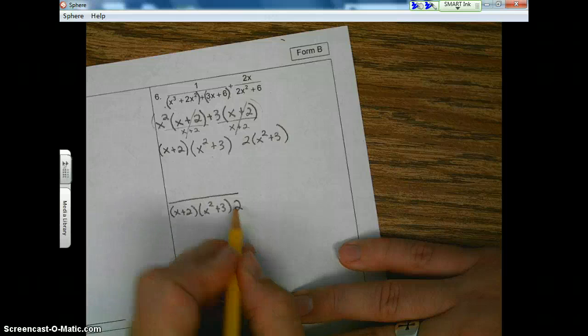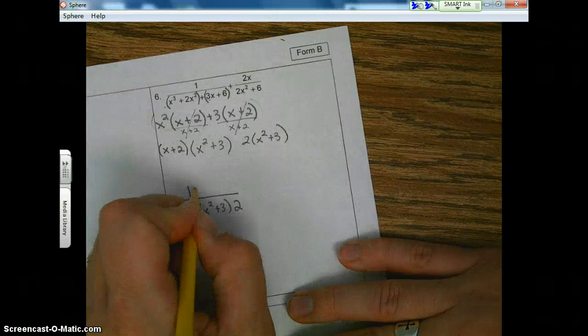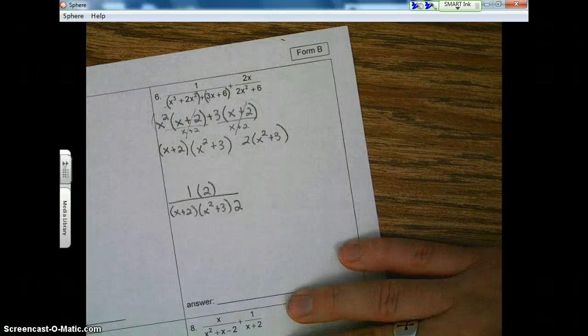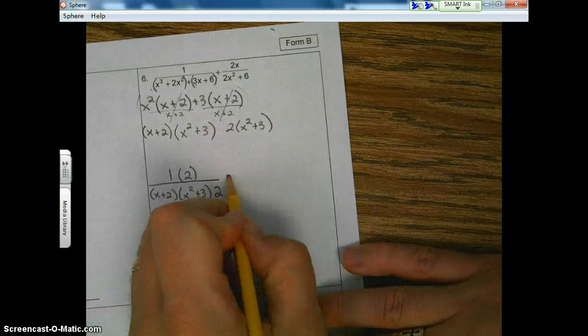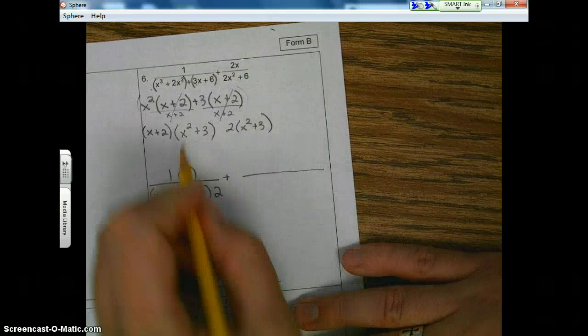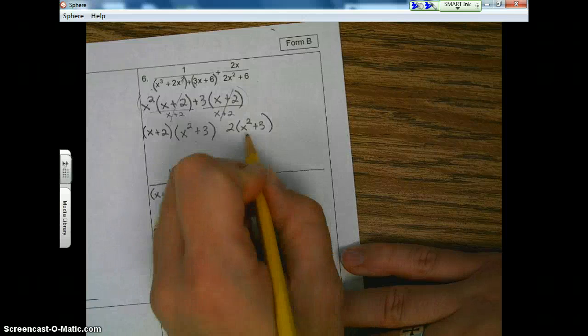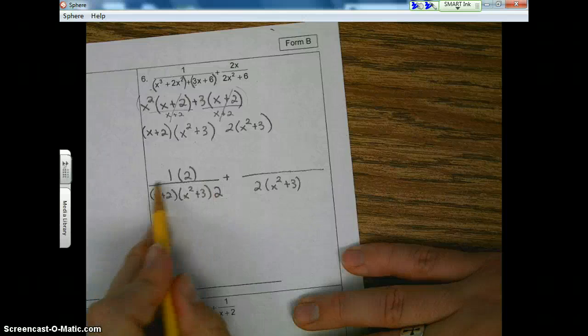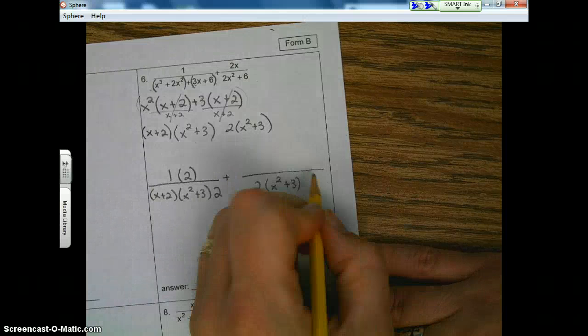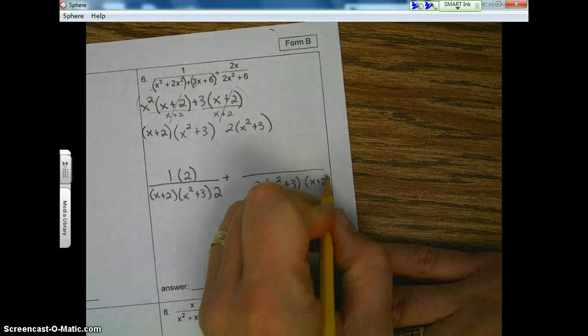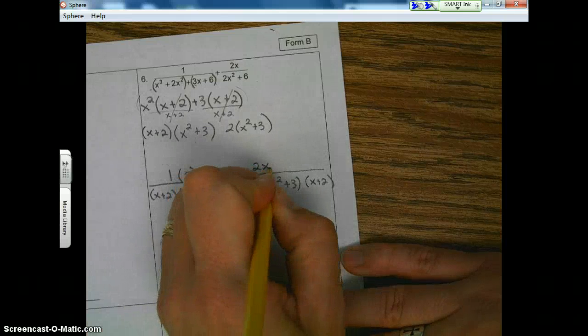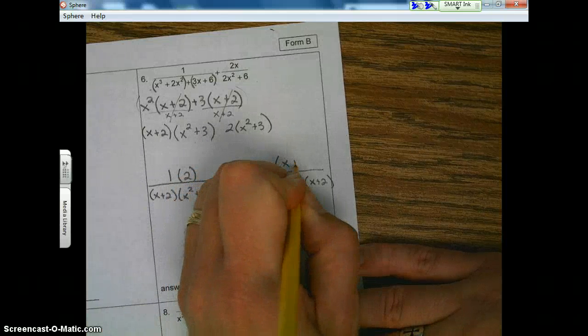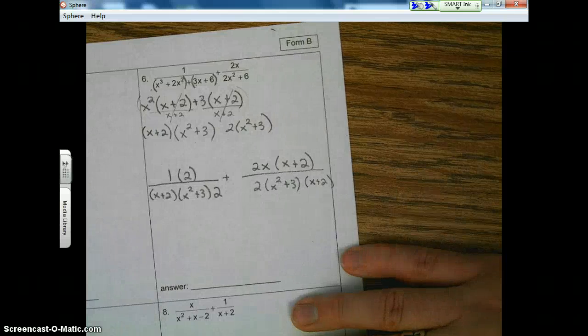So if the denominator needs a 2, then the numerator needs a 2. Okay, on this side we have a 2. We have an x squared plus 3. What do we need? We need an x plus 2. So if the denominator needs an x plus 2, the numerator needs an x plus 2.